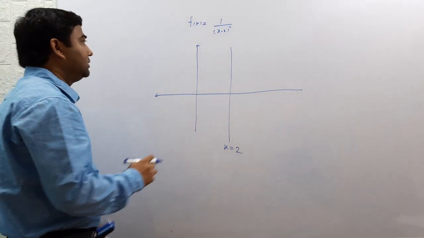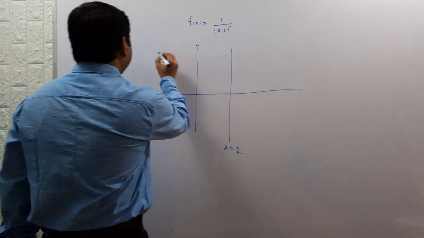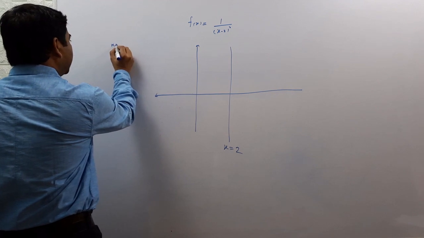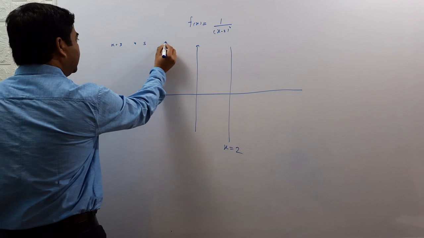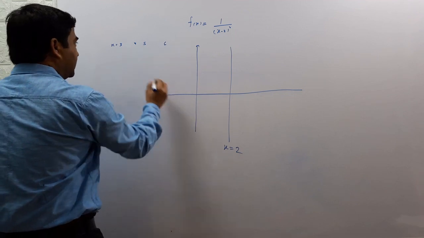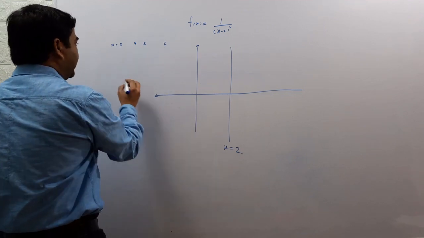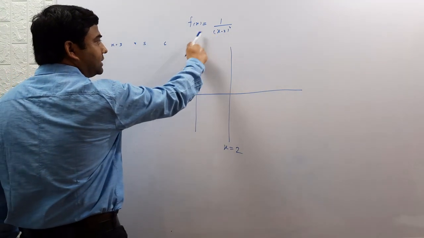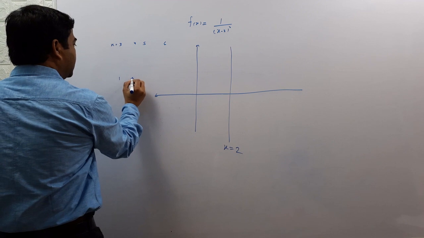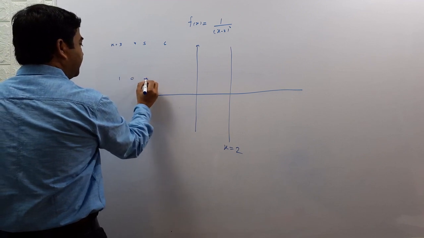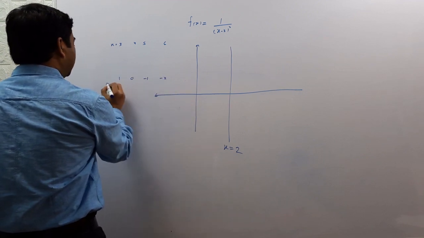Now you see, put some values of x. x is equal to 3, 4, 5, 6, more than 2, and find some values of x which are less than 2: x is equal to 1, 0, -1, -2.